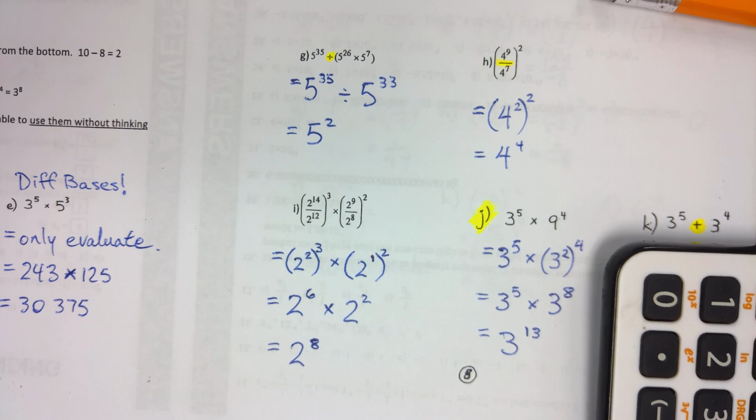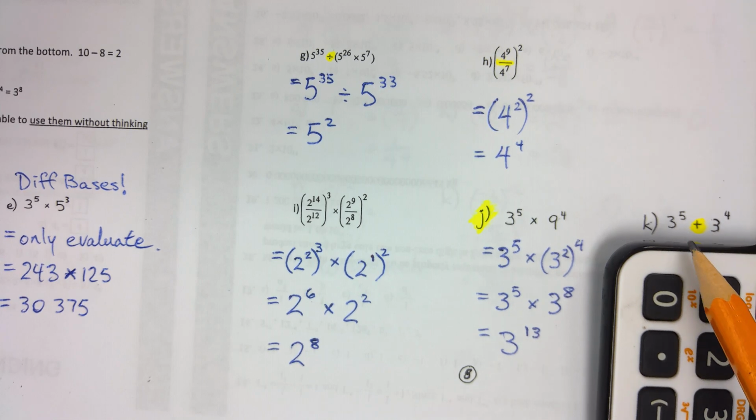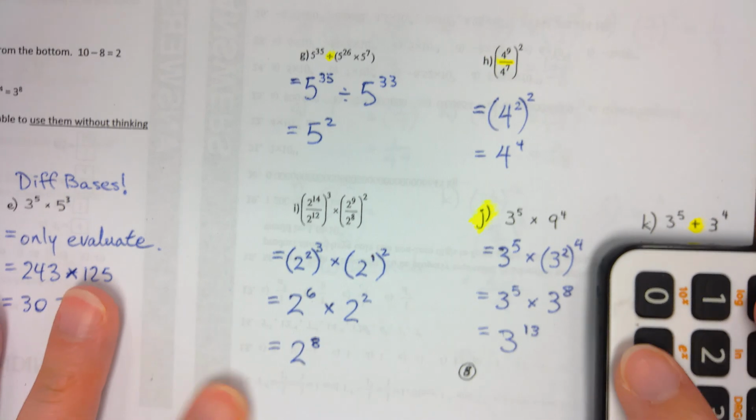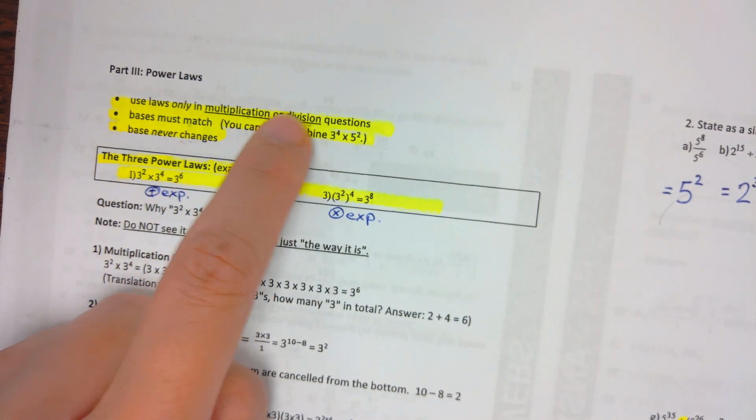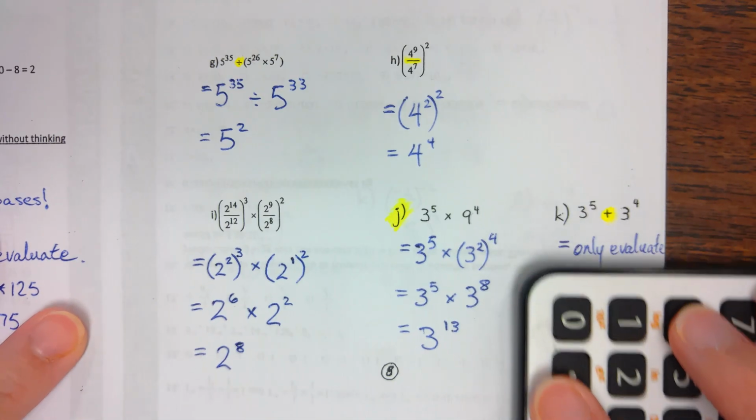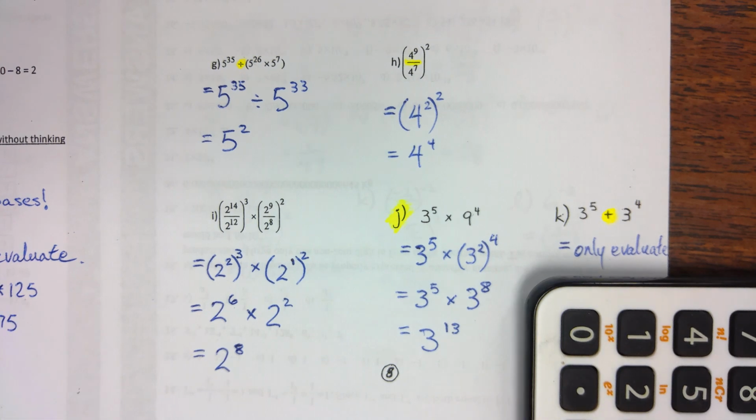Okay, but is that still a single power though? No. Okay, so that's right. So here I cannot write it as a single power because it's adding. Remember our first rule, only when it's multiply or divide. So in other words, I can only evaluate this question.